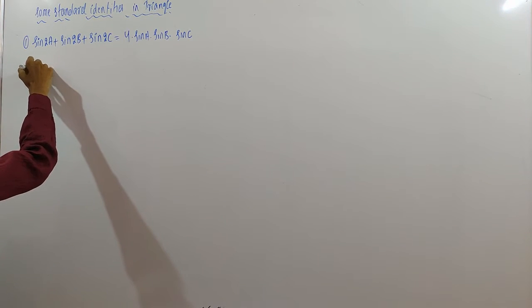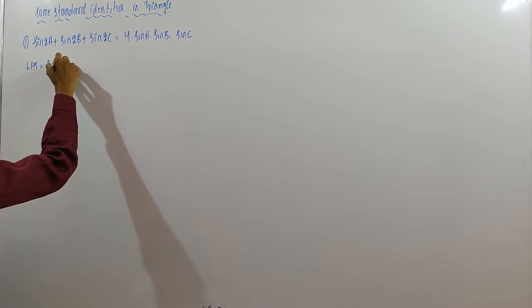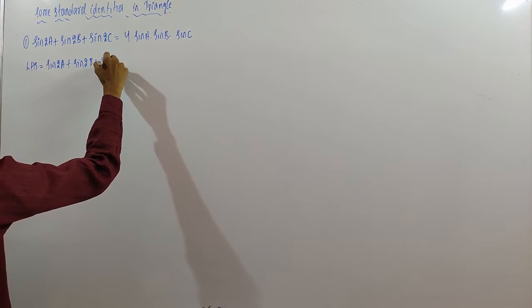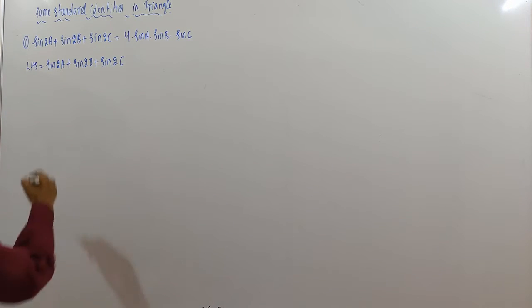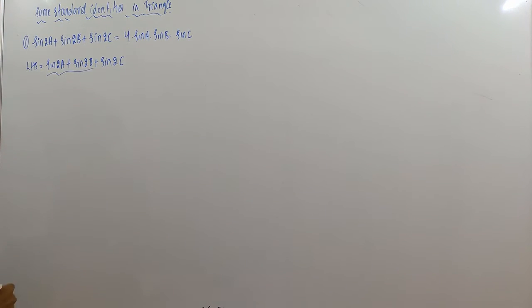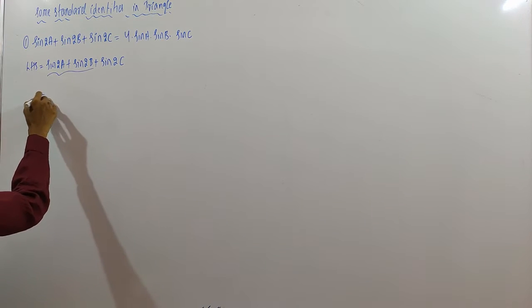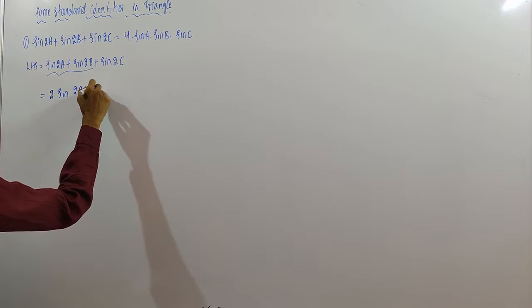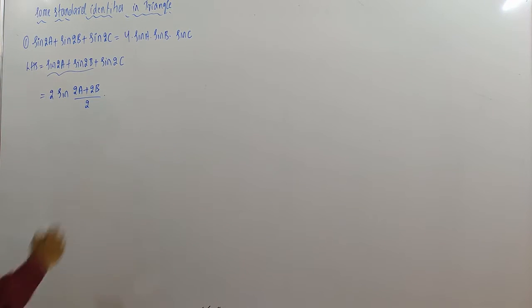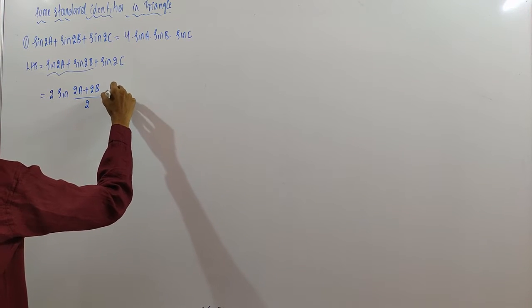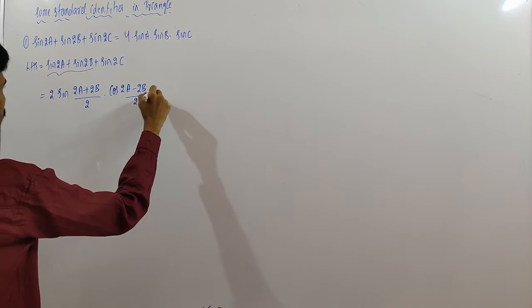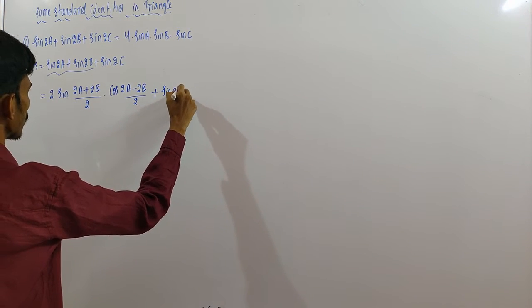Now take LHS. We have LHS: sin 2A plus sin 2B plus sin 2C. For these two terms, apply the sin C plus sin D formula. We have 2 sin ((2A plus 2B) divided by 2) cos ((2A minus 2B) by 2) plus sin 2C.